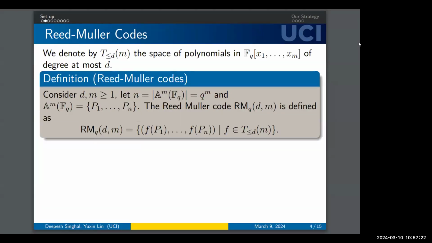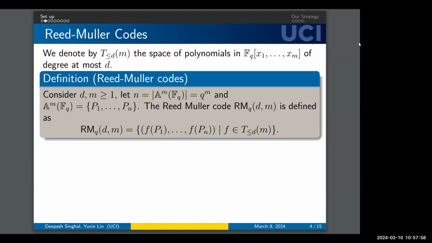Then we'd be looking at Reed-Muller codes. In order to define Reed-Muller codes, we start with the space of polynomials in m variables of degree at most d. These form a vector space, and then we let n be the size of the affine space, which is simply q to the m, and we enumerate the points in the affine space as p_1 to p_n.